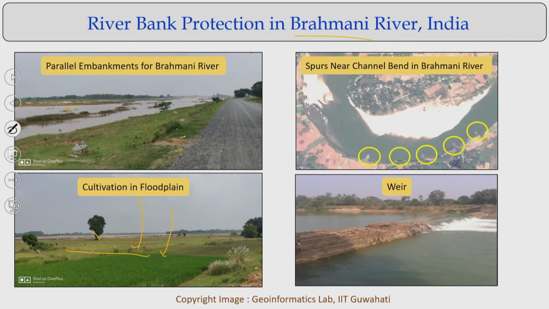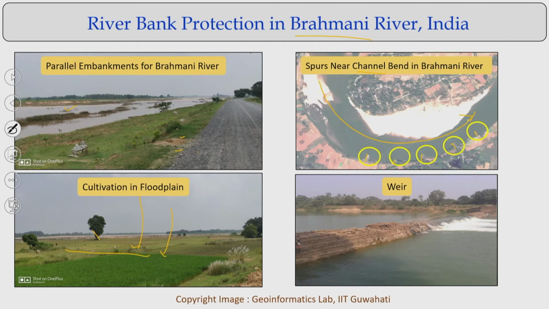In the cases where you have a river bend, the channel bend in the Brahmani, you can see these spur structures, even from Google data. You can see these river spurs facilitating the river to go this way, not attacking this bank.